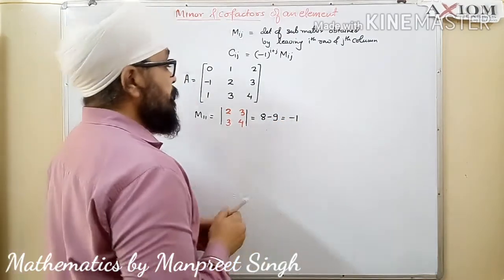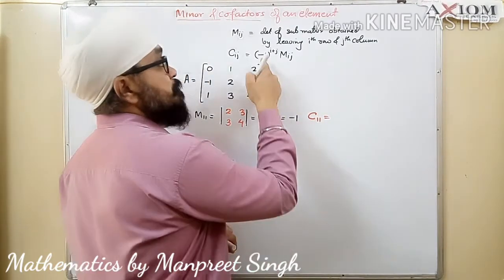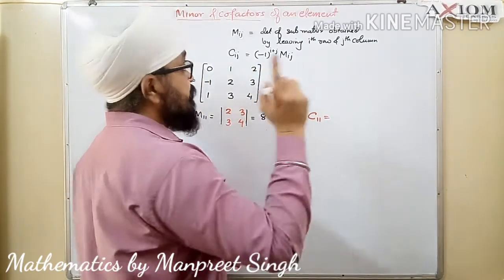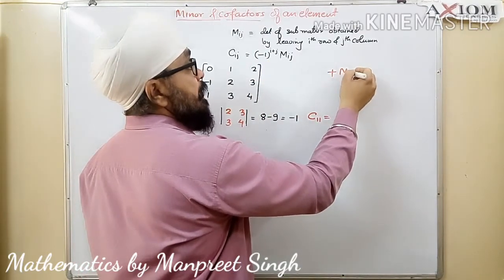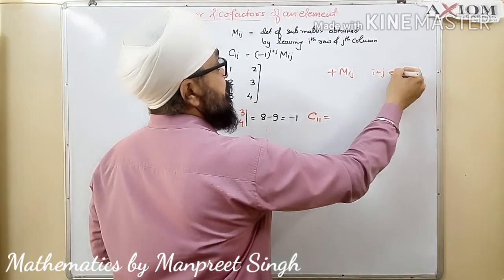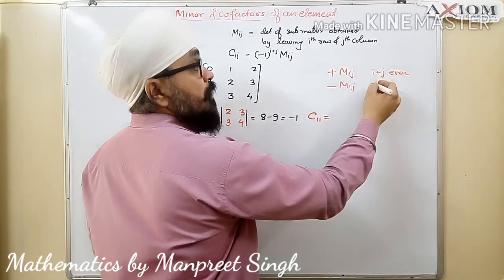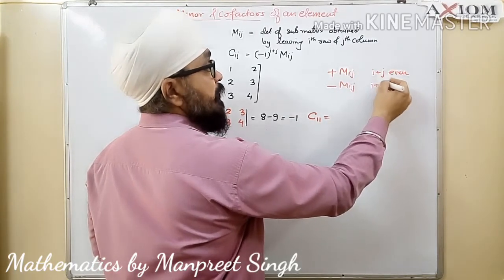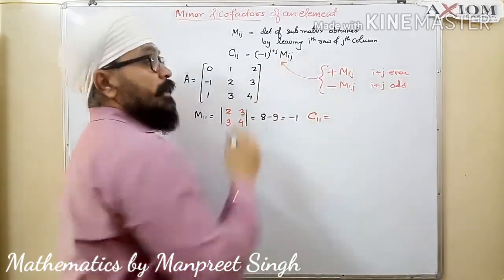But if I say the cofactor C11, it means minus 1 to the power i plus j. Just keep this in mind that we are going to write plus Mij whenever i plus j is even. We are going to write minus of Mij whenever i plus j is odd. So this is the cofactor.